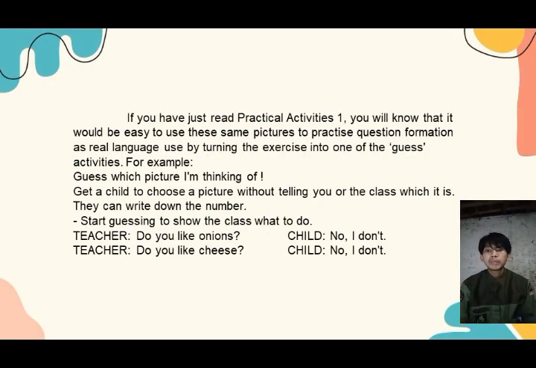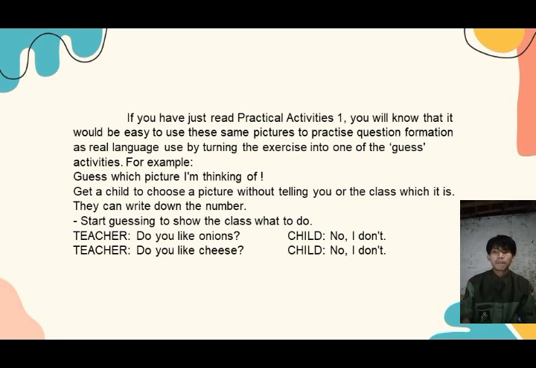Okay, the next is about the quizzing activities. If you read the practical activities one, you will know that it is easy to use this same picture to practice question formation as real language use by turning the example into quiz activities. For example, a quiz of which picture I am thinking of.